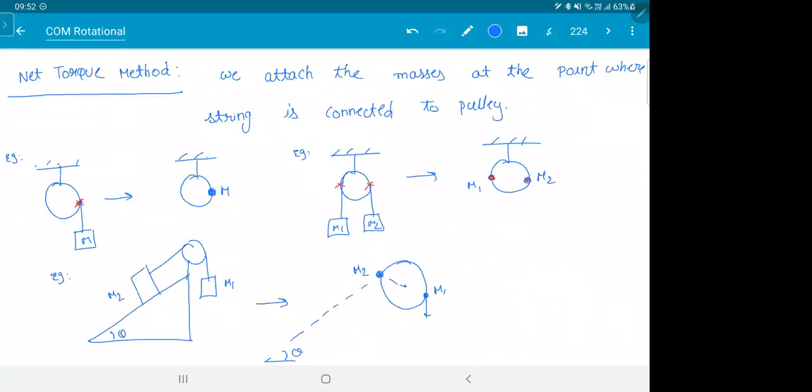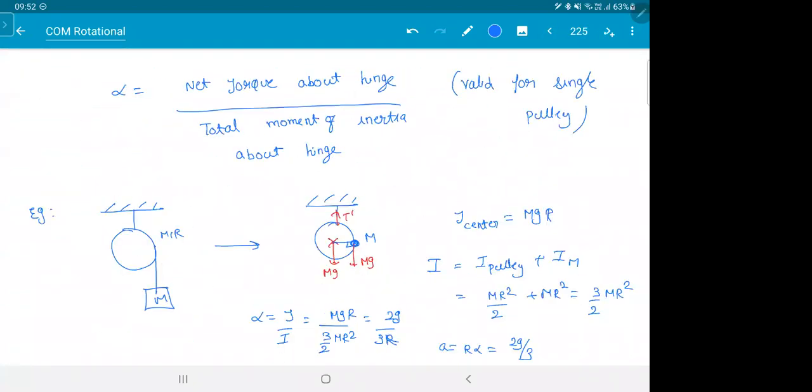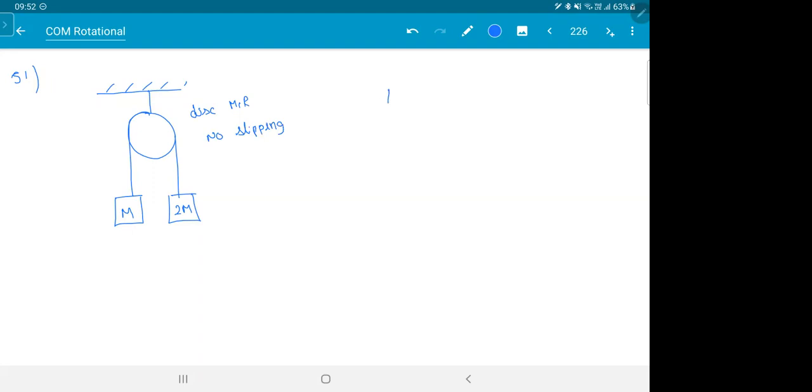Now let's try one more. The pulley is a disc of mass M and radius R, and there's no slipping. Find alpha of the pulley and the acceleration of the blocks.